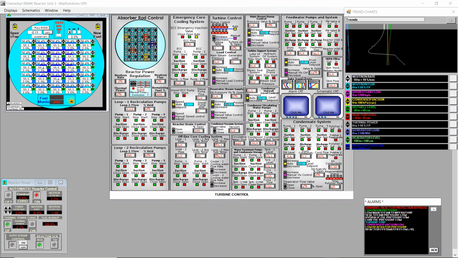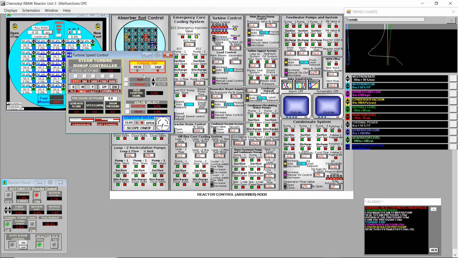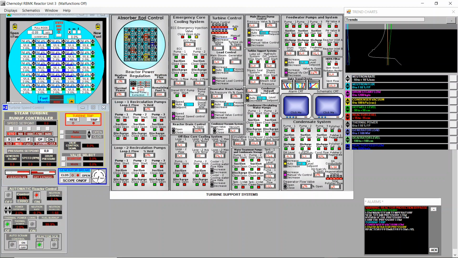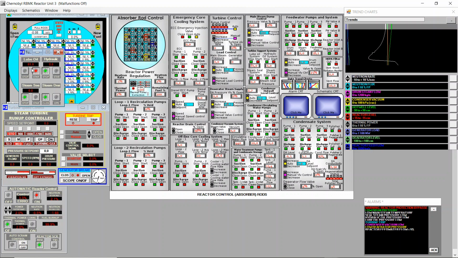I will turn on the turbine. Probably it's the turbine which needs to be reset to allow for automatic control. So turbine support systems, lubricating oil, and we wait for this number to stabilize.